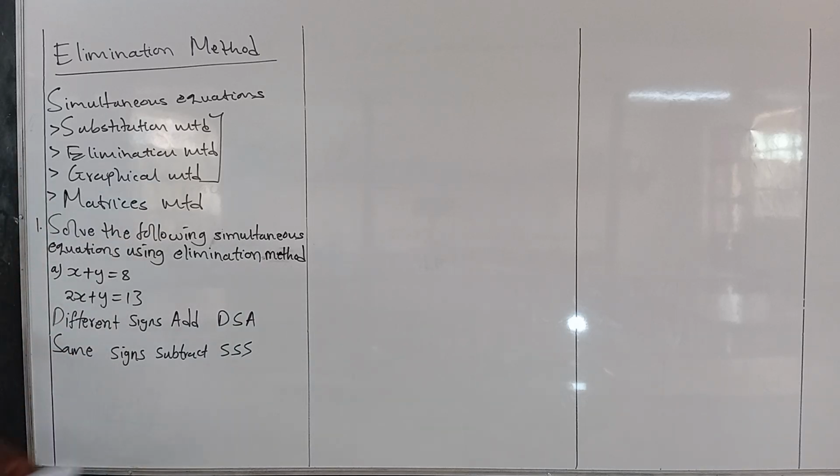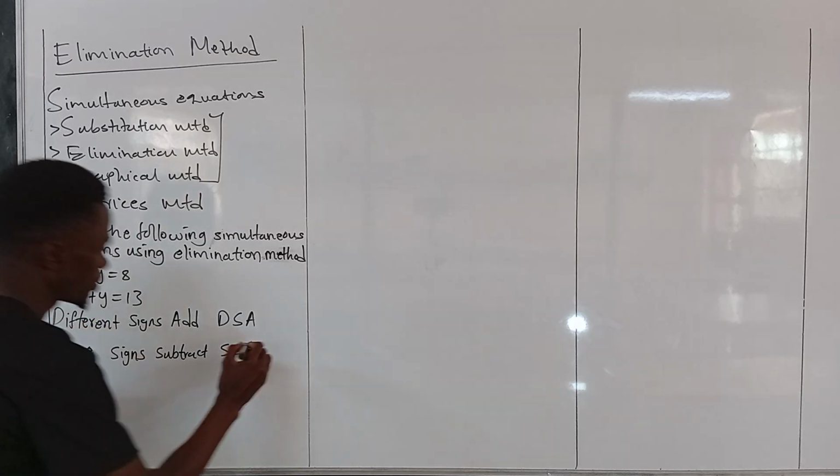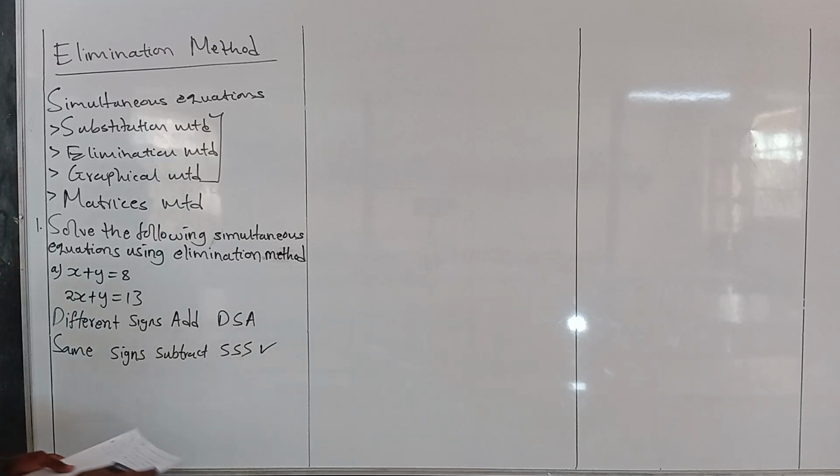After choosing the letter to eliminate, you are going to check on the signs that are before the letter. For example, here it is positive y, and this is positive y. Our principles are going to guide us on which one we are going to use. The signs are the same, positive, in both cases. So we are going to use the second principle, which is same signs, subtract.